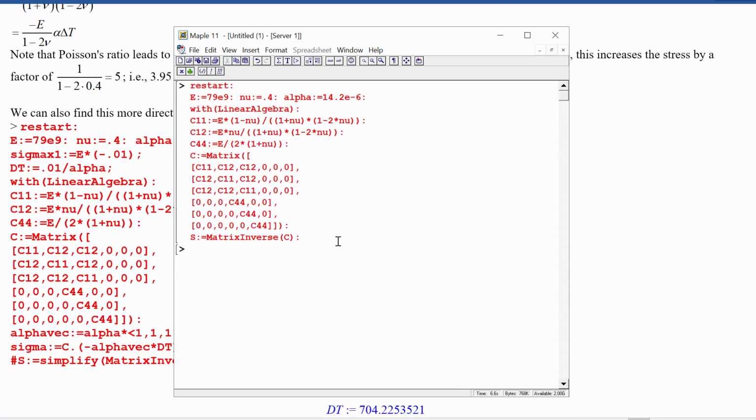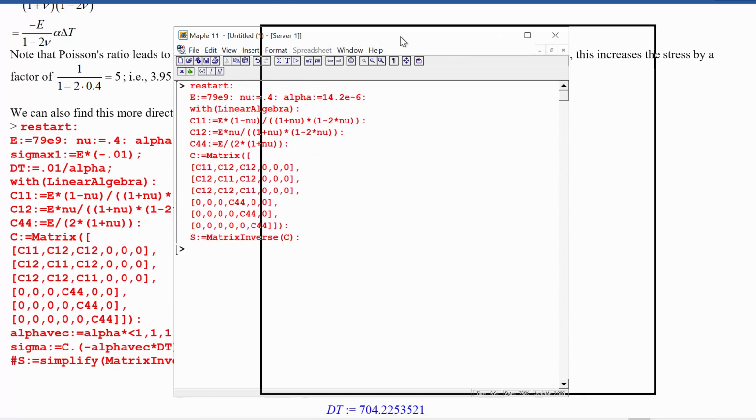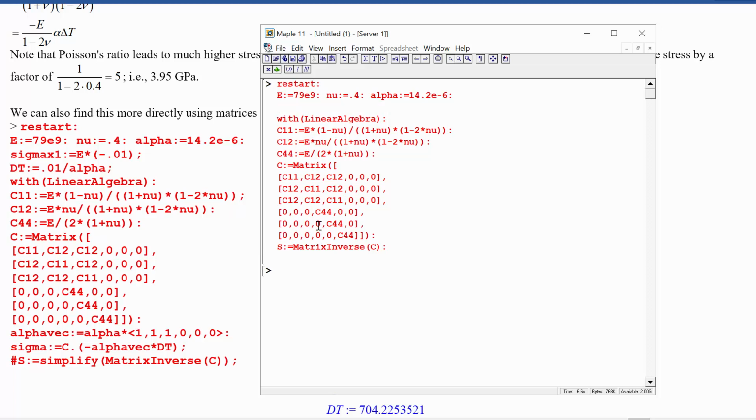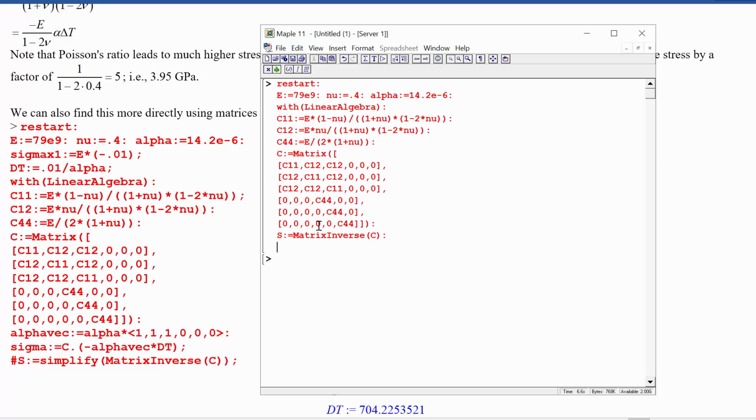is now try and use this equipment to solve what's going on with the stress and the strain problems that we had up above. So the first thing that we did, I guess this is regular alpha. We can take alpha, we can form alpha vector. Alpha vec would be equal to alpha times 1, 1, 1, 0, 0, 0 for this isotropic material.